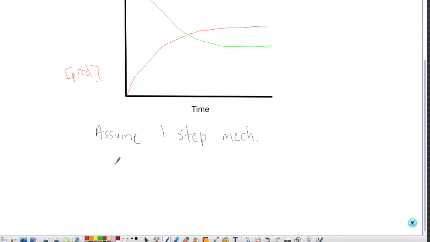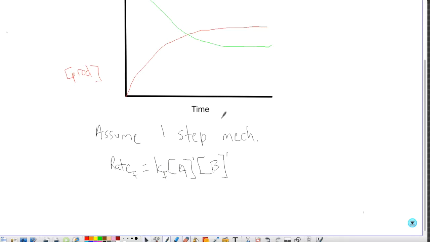So the rate for the forward reaction would be rate forward equals K times the concentration of A to its coefficient times the concentration of B to its coefficient, which in this case is 1. So these are both 1. And I'm going to specify that this rate constant is K forward.